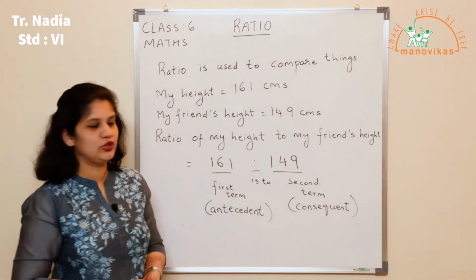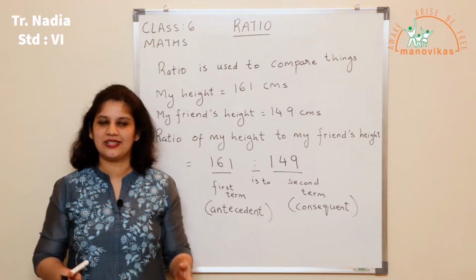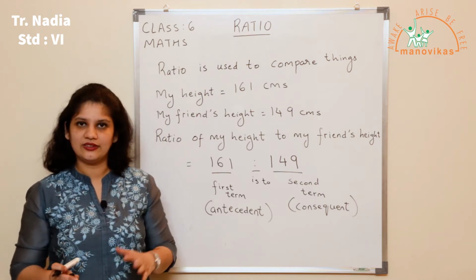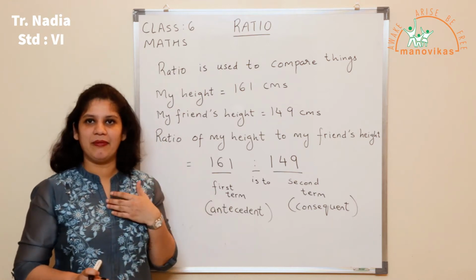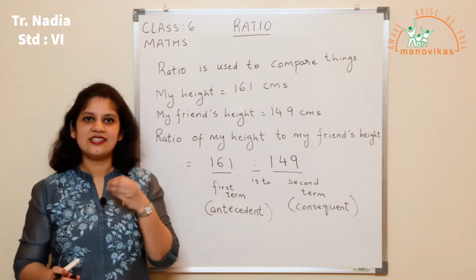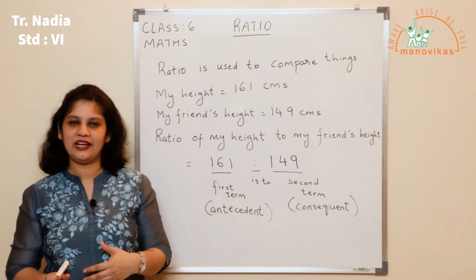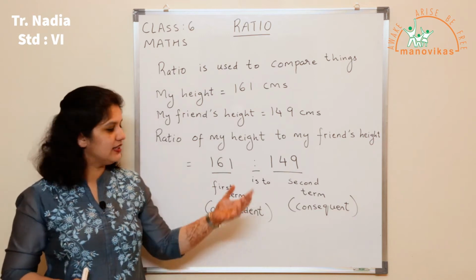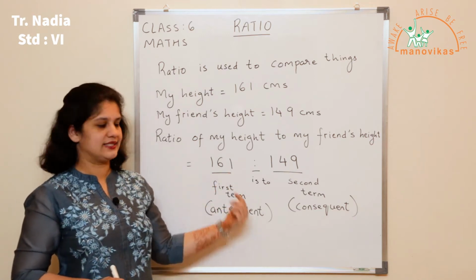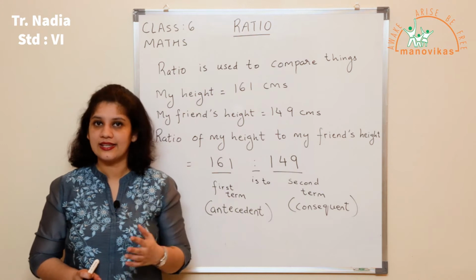I hope this is clear to you all. When do we use ratio? We basically use ratio to compare things. Here I am comparing my height and my friend's height. Since in my statement I am talking about my height first and my friend's height second, in the ratio my height is the first term, my friend's height is the second term.